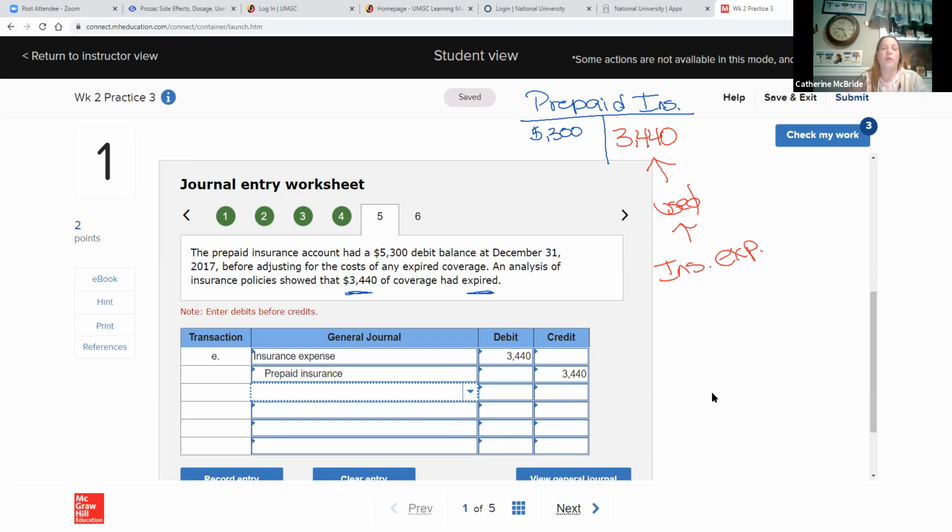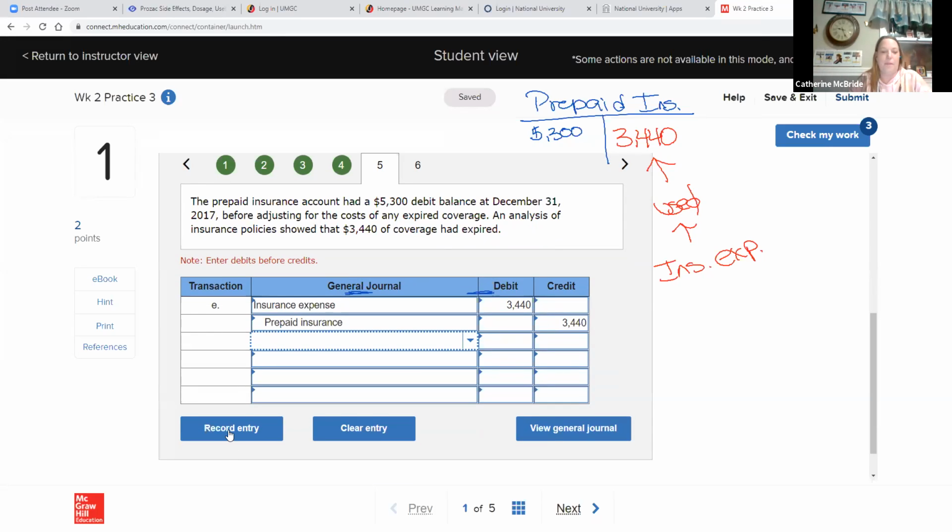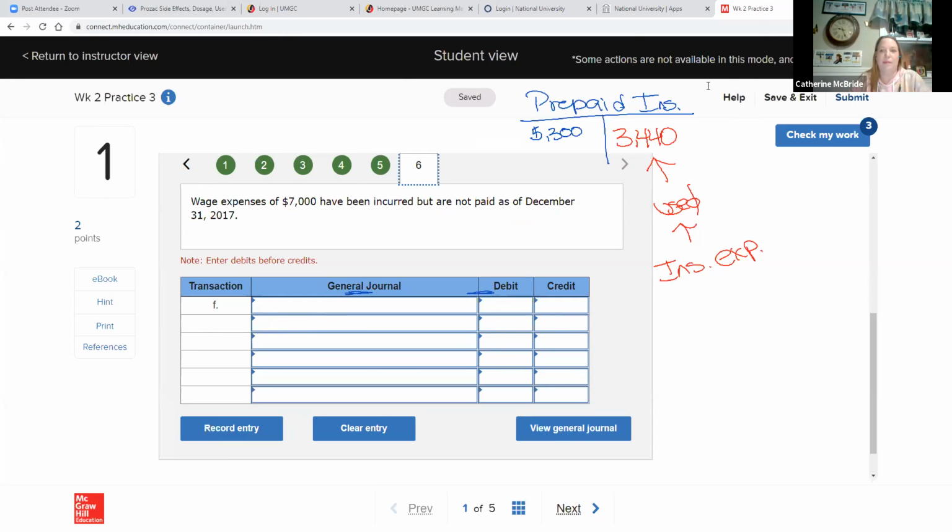So now on our income statement, the insurance expense is there, and on our balance sheet, the prepaid insurance went down. Are we good here? Okay.